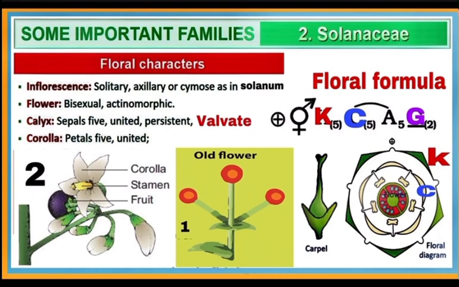They are united, persistent and have valvate type of estivation. See it in the floral diagram where K is written for calyx. Corolla. They are also 5 in number. They are united. See its arrangement in the floral diagram where C is written for corolla.